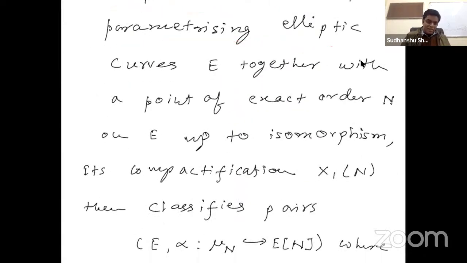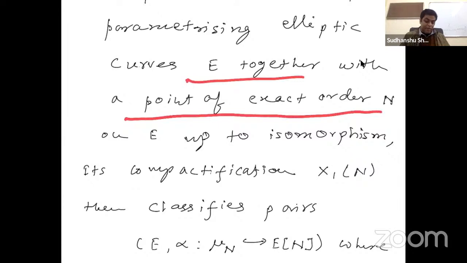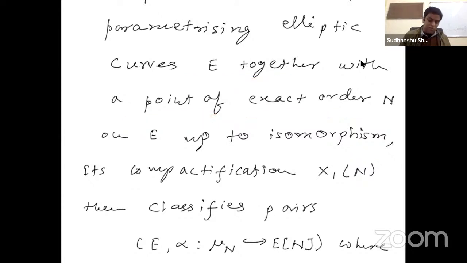I don't know if the definition I am giving and the one discussed earlier are the same, but they are equivalent. So it's basically a curve which parameterizes elliptic curves E together with a point of exact order n on E, up to isomorphism. By that I mean it parameterizes these tuples (E, P), where P is a point of order n on E.